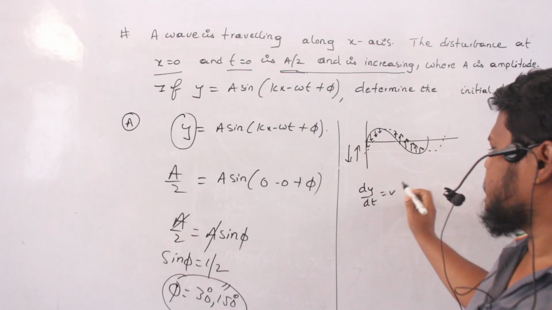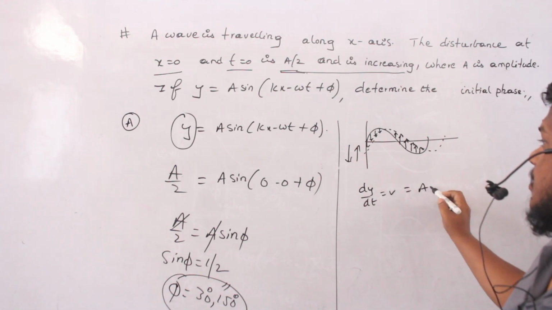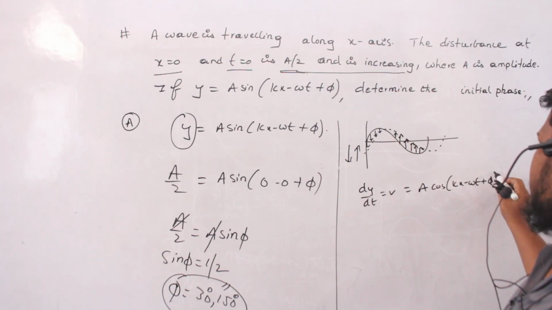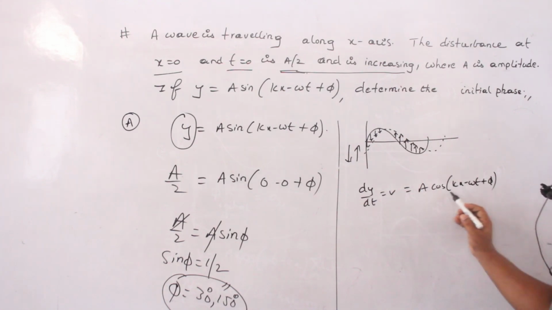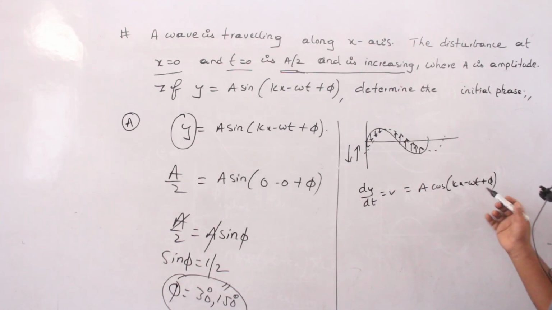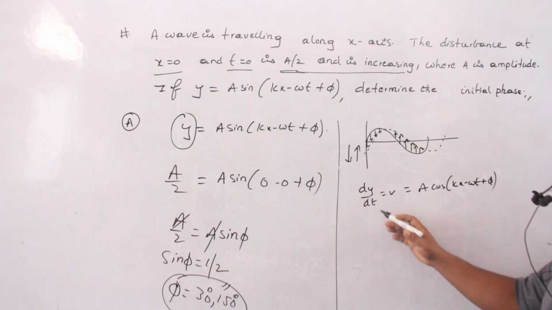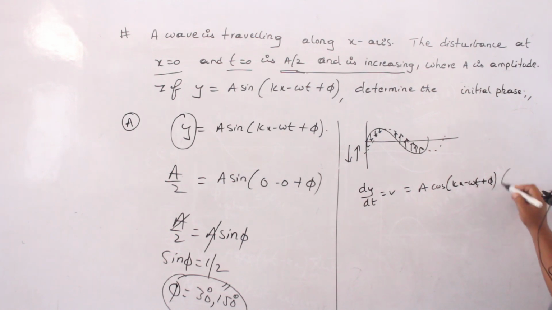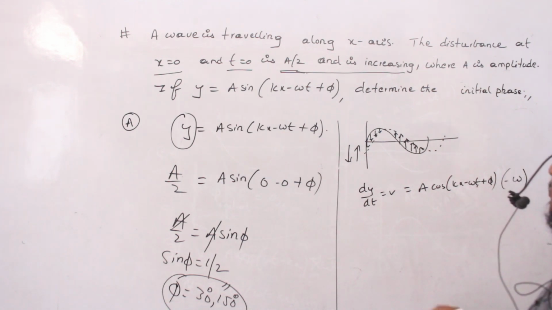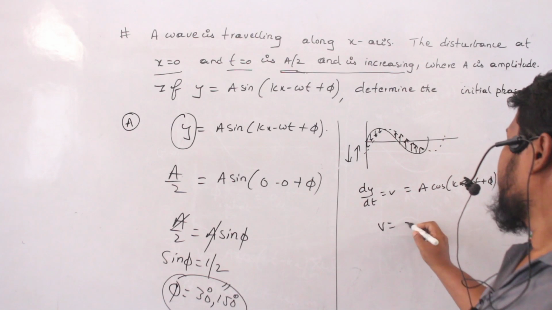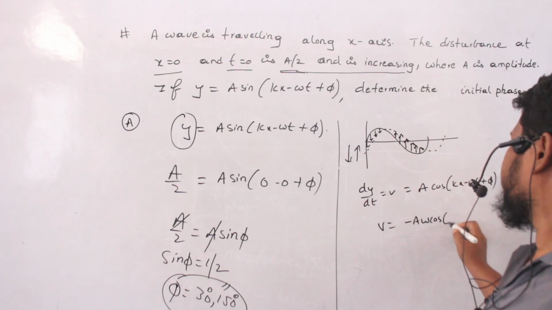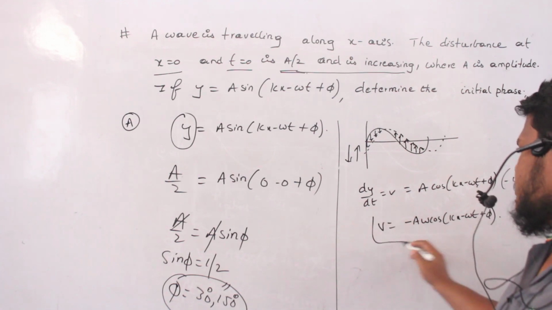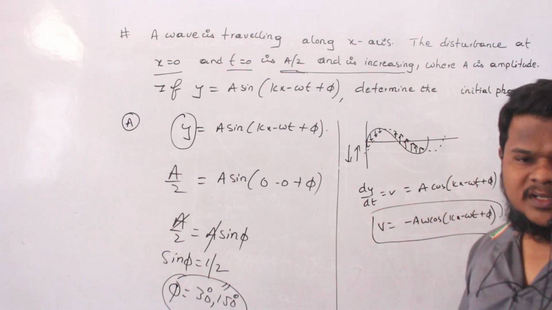So let us write down. dy by dt is equal to v, and y is equal to A sin(kx minus omega t plus phi). If you differentiate this, I get A cos(kx minus omega t plus phi), and again I have to differentiate the inside, kx minus omega t plus phi. Differentiating minus omega t with respect to time gives minus omega. So v is equal to minus A omega cos(kx minus omega t plus phi).